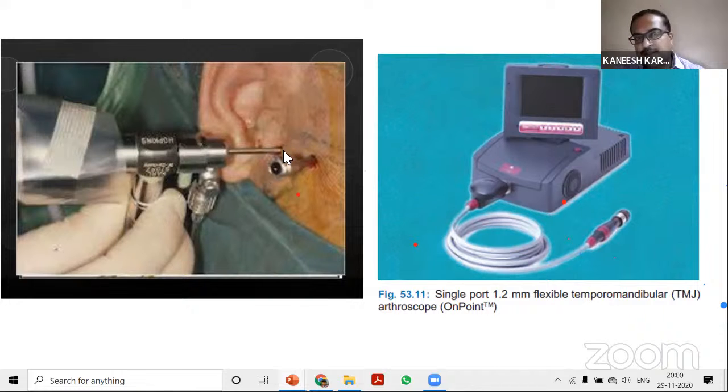Two needles, one placed in the upper compartment and the other in the lower compartment. And then you can flush in a lot of saline and lavage the joint. Flush in saline through this needle and it will come out through the other needle. This arthroscope comes with a monitor, so you can see what is going on inside the joint.